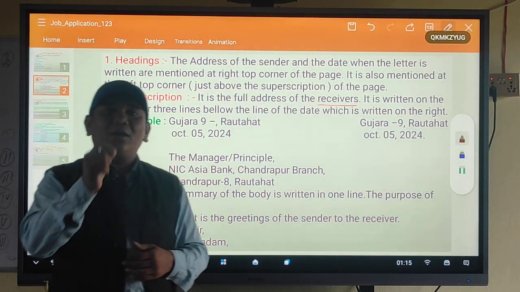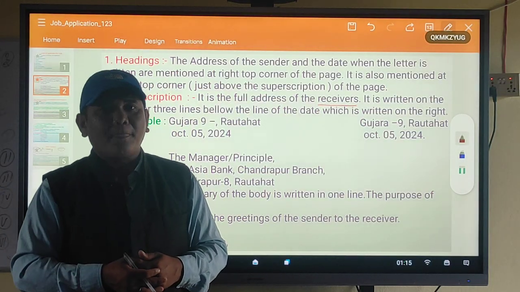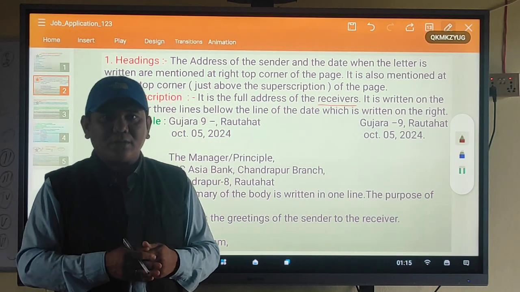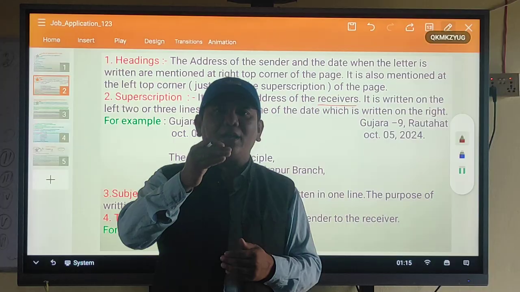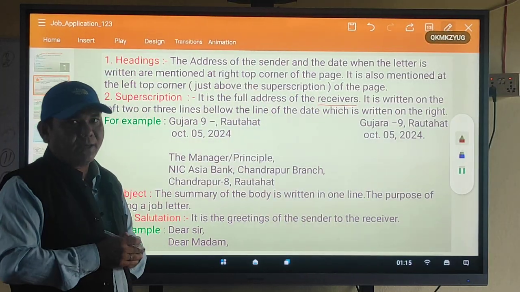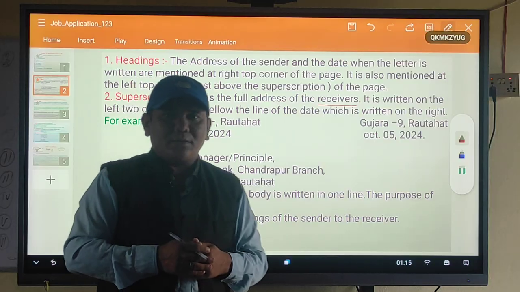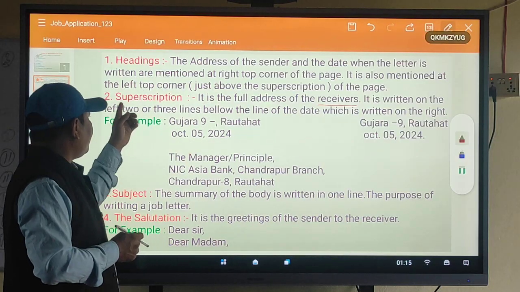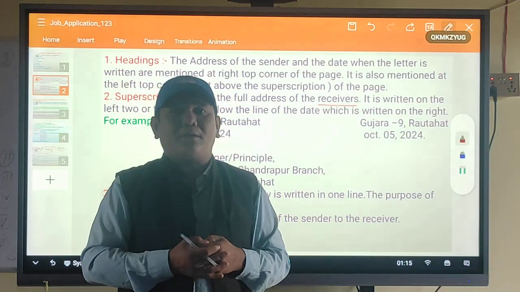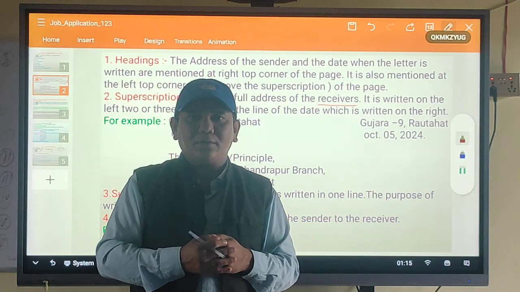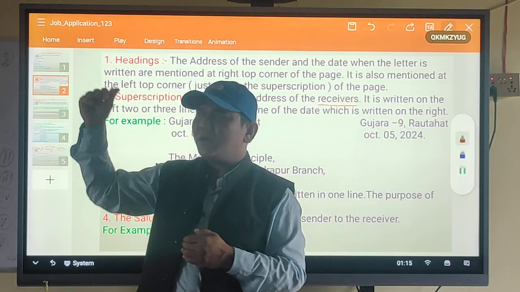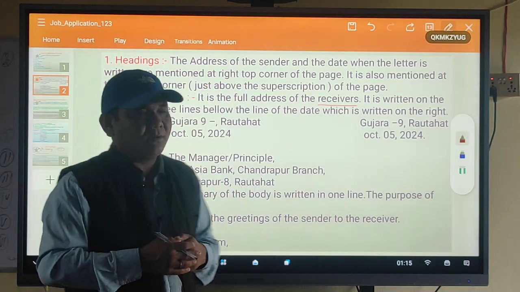It is the full address of the receivers, which is written 2 or 3 lines below the heading part. Okay? Superscription is the full address of the receiver, which is written just 2 or 3 lines below the heading part.